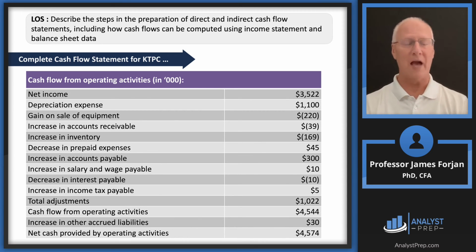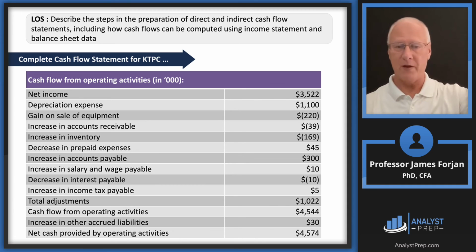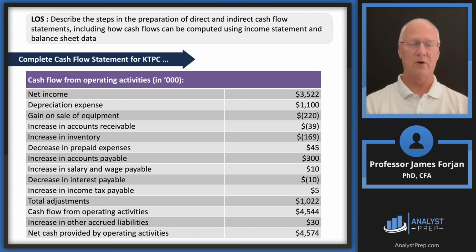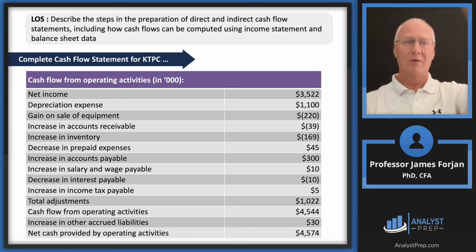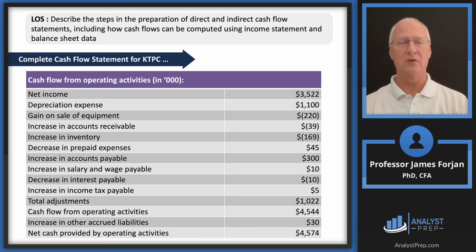So what I want you to do right now is pause the video, get out your calculator and go back to the first method that we used with the 1, 2, 3, 4, and 5. Oops, and 6. Don't forget the little pinky there. Go back and sum those and you'll get the 4574, which says that, of course, accountants always have to equal something. Whether you use direct or indirect method, you're going to get that 4574.